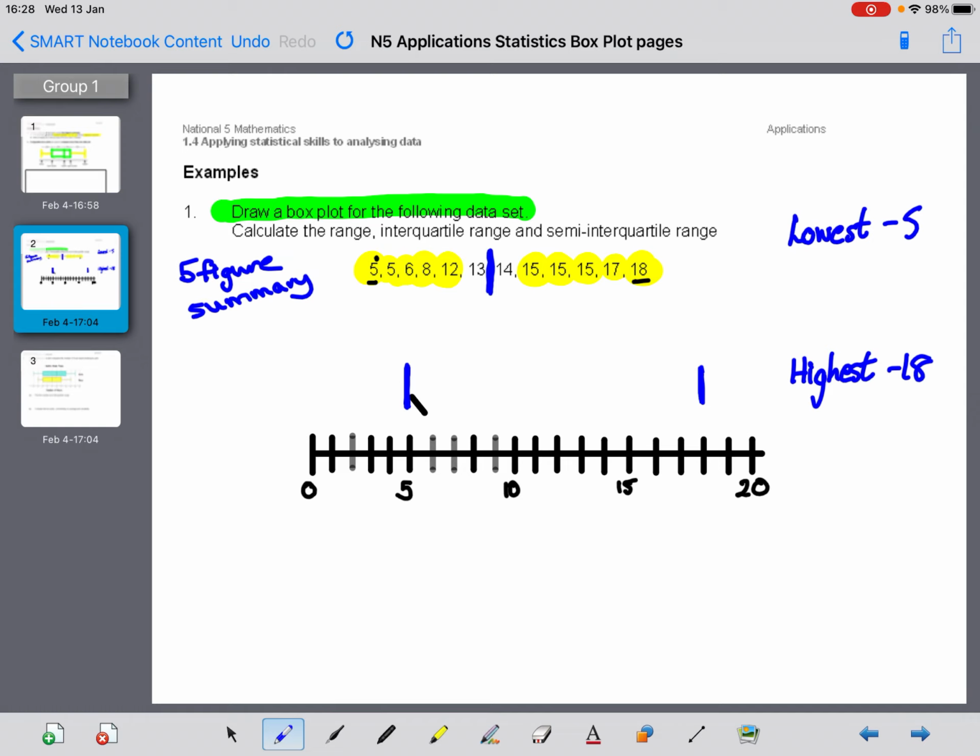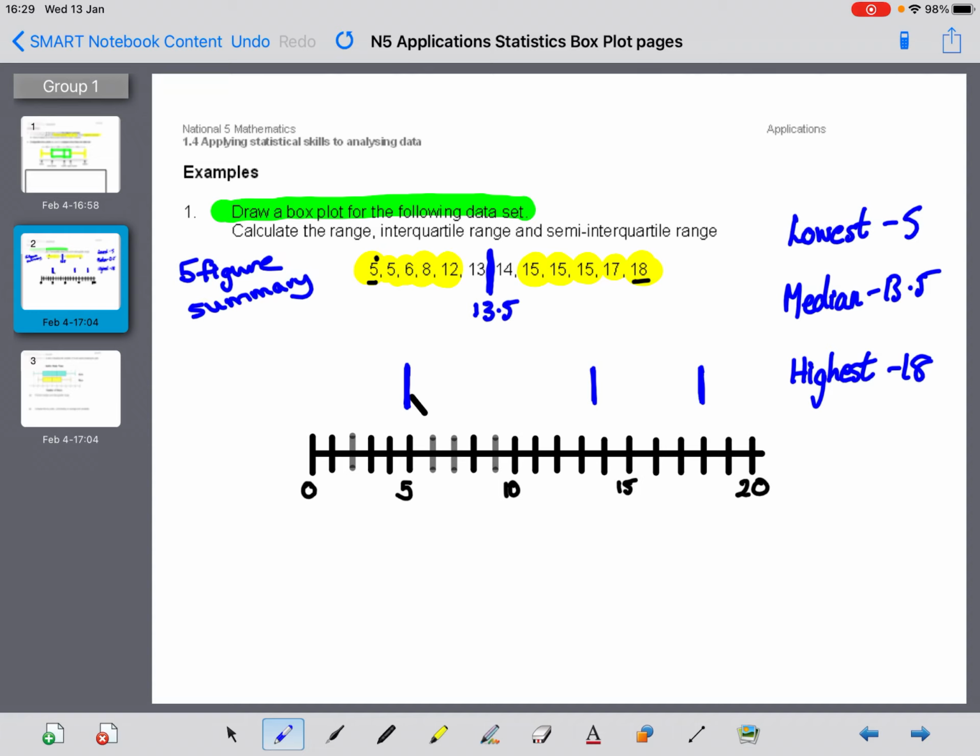Your median is going to be in there. Your median is halfway between 13 and 14. That's easy enough to work out, so hopefully you know that is 13.5 for your median.